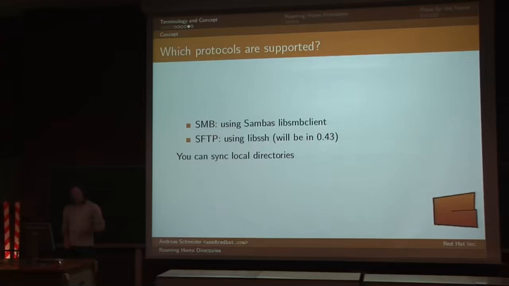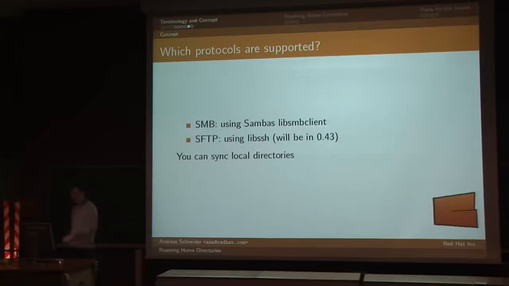So csync doesn't have any special protocol. It uses what is already available. Protocols which are supported are, for example, SMB with libsmbclient from Samba to synchronize with a Windows server, or you can synchronize with a Samba server, which should have CIFS Unix extensions enabled, or you can synchronize using SFTP, which is done with libssh.